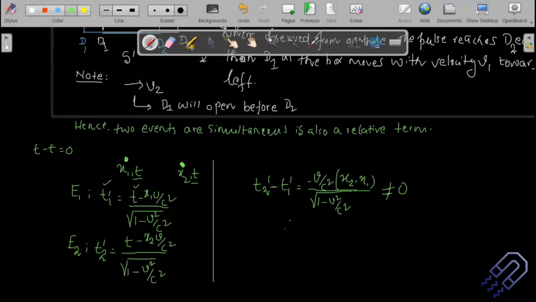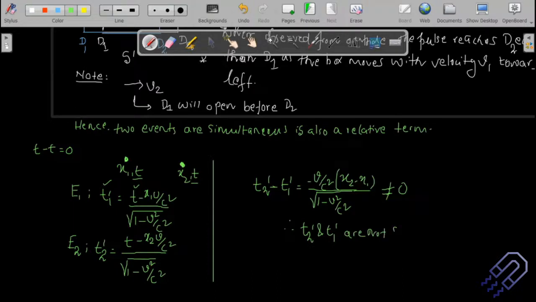So if you look into this expression, t2 prime is equal to minus of something plus of t1. So you can estimate which one is greater, which one is lesser, depending on the scenario. So this is what is happening. Therefore we can simply say that t2 prime and t1 prime are not the same.